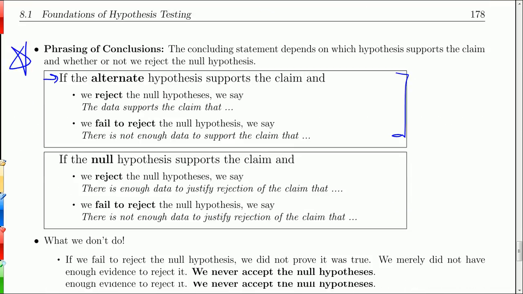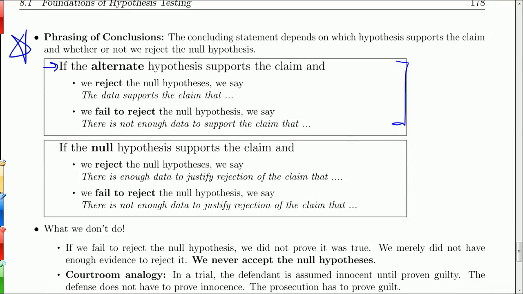Had we rejected the null hypothesis, which we didn't, that would have been good. And we would have said the data supports the claim that most commuters use cell phones when they drive. As it was, we failed to reject the null hypothesis. So we said there is not enough data to support the claim that most commuters use cell phones.